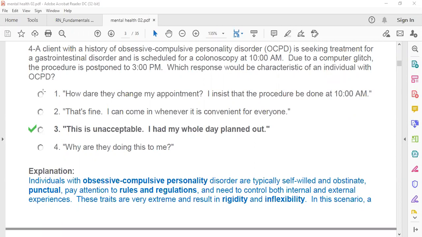So OCPD, basically the patient has persistent thoughts, and because of the abnormal thoughts, they do something again and again, repeatedly. Why do they do something repeatedly?